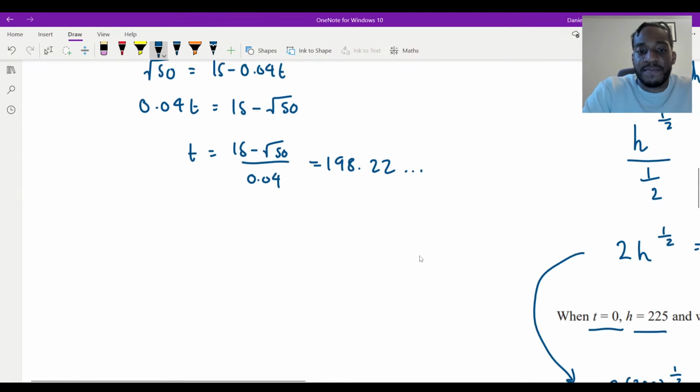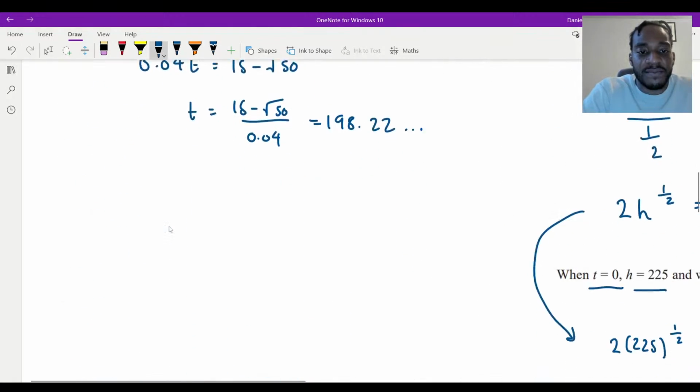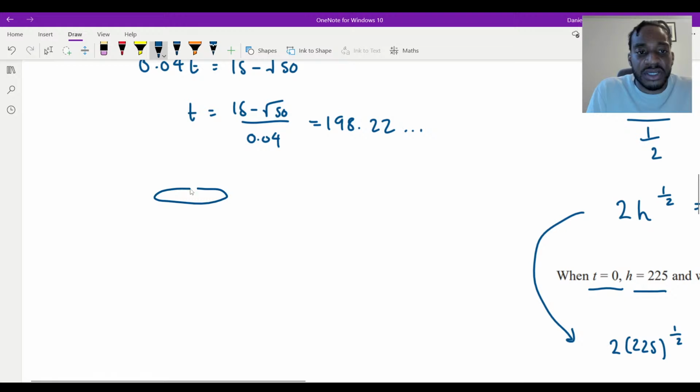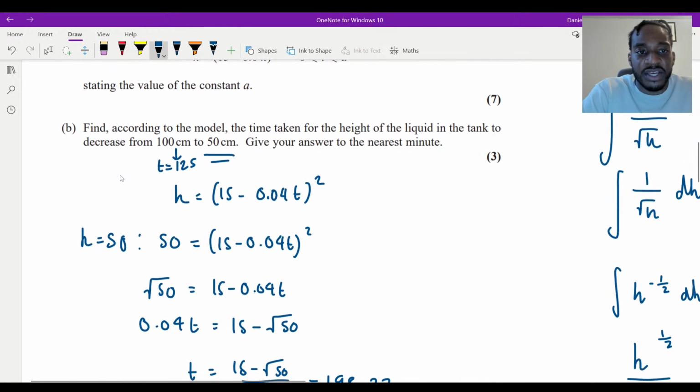Essentially what's happened is that we've got a cylinder. Was it a cylinder? Yeah, it was a cylinder. So basically we have a cylinder like this. It's really bad, but you guys get the picture. The height of the water was 100, h equals 100 here, and this is at a time of 125 because they told us at the beginning.